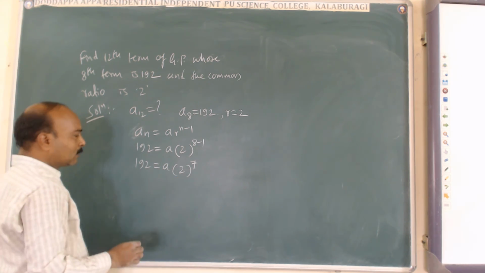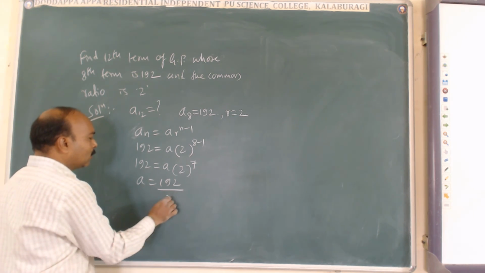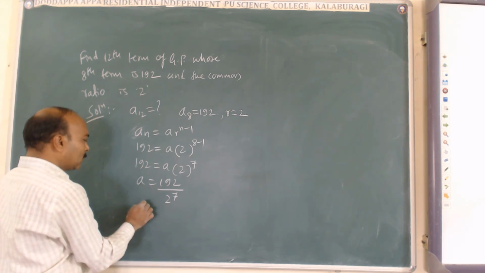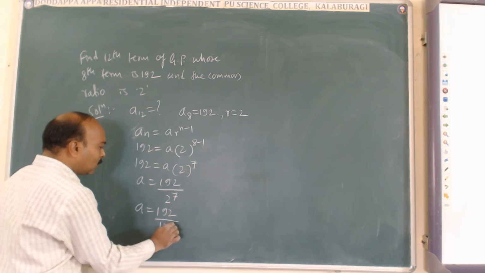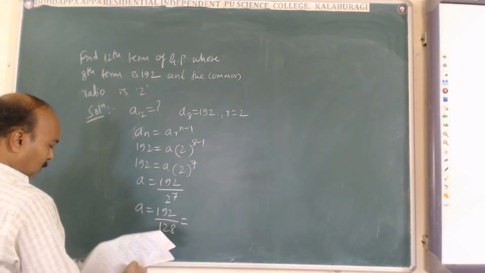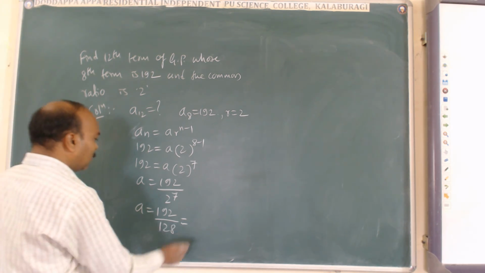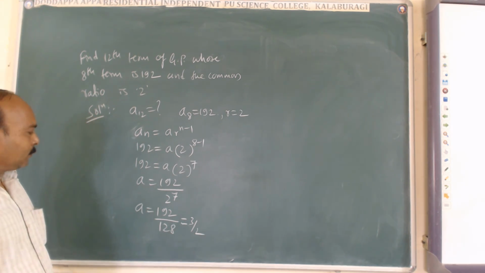So a equal to what? 192 by 2 raised to 7. So a equal to 192 by 128. If we simplify this, we get it as 3 by 2. This is the value of a.